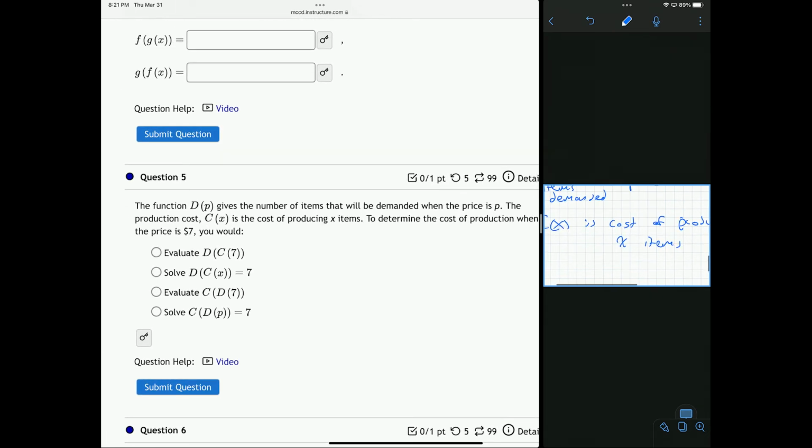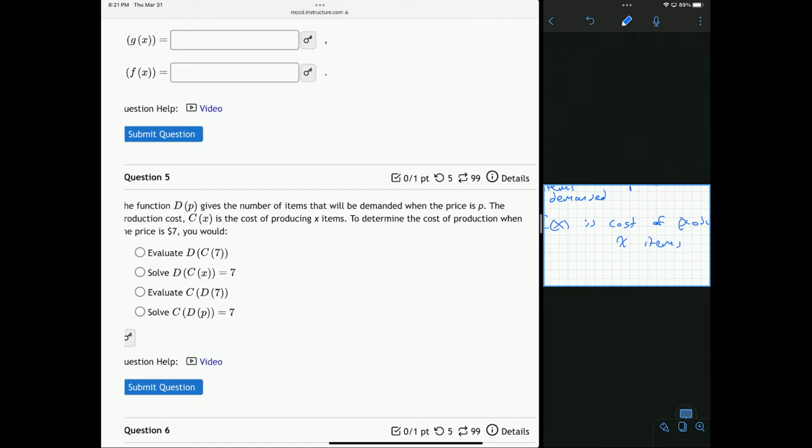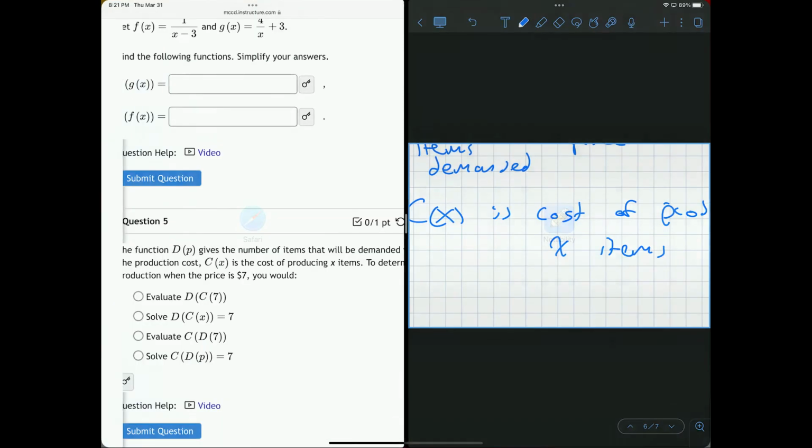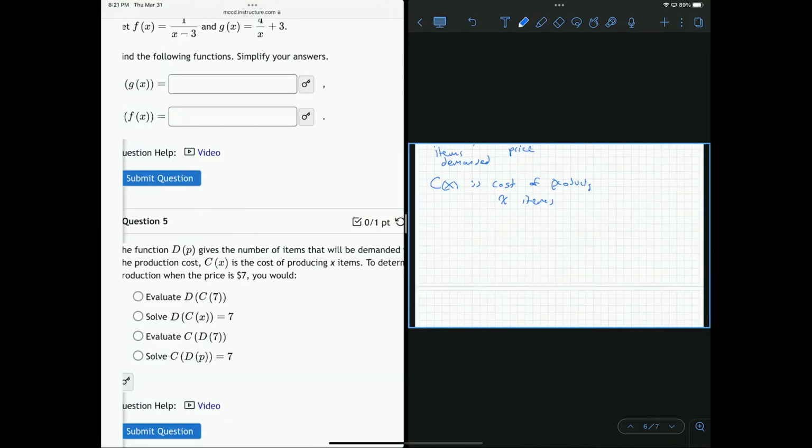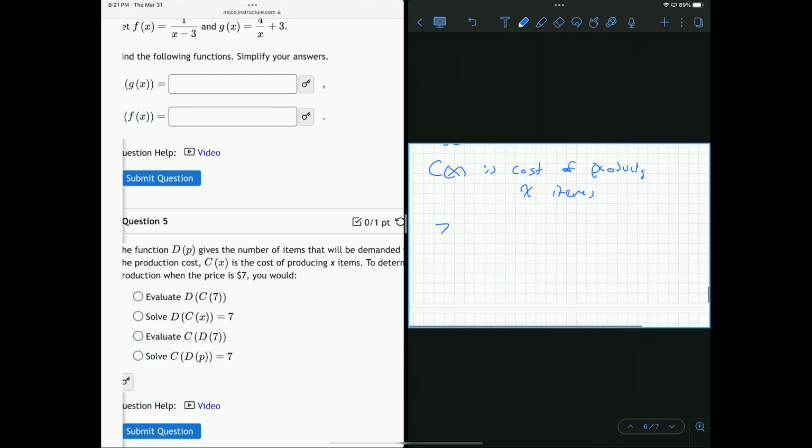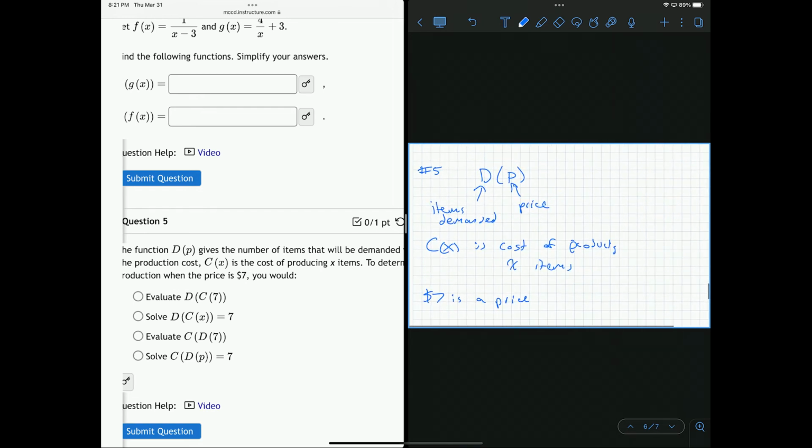They say to determine the cost of production when the price is 7. Well, what you would have to do is this. $7 is a price, right? So where does price go? You have two functions: a function d of p, and a function c of x. If $7 is a price, then it has to be a p.